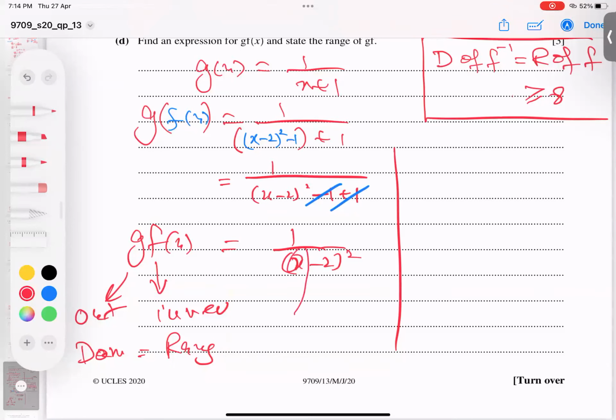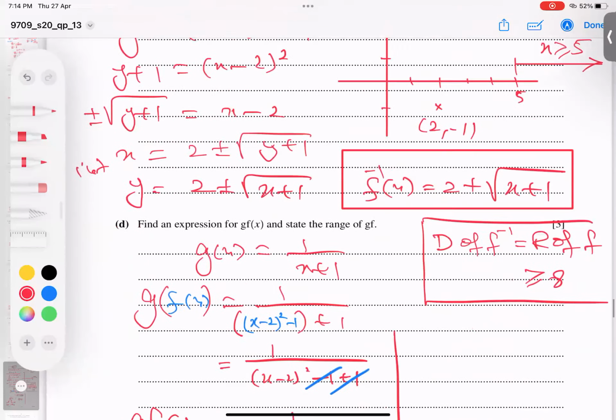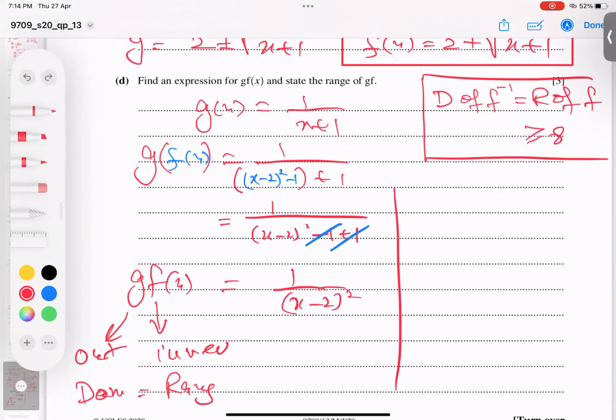Put 5 here. I get 5 minus 2 becomes 3, 3 square is 9. I repeat my word: this 5 comes from here. So if I replace 5 there in the composite function, I get, student, 1 over 9.